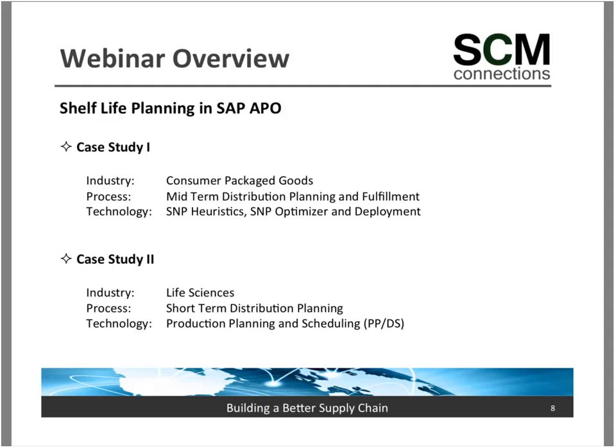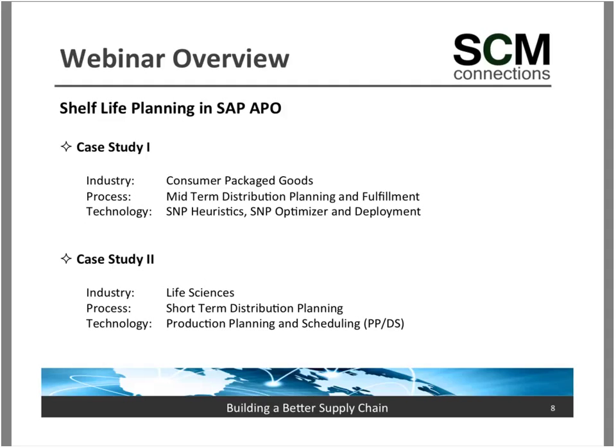The modules of technology we were utilizing as a part of the planning process were heuristics, the optimizer, and deployment. These are the specific modules within S&P. And for the second case study, this was for a life sciences company, and we were utilizing short-term distribution planning, and this was all within PPDS.